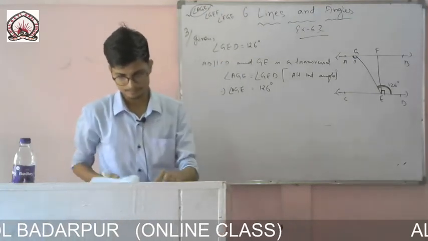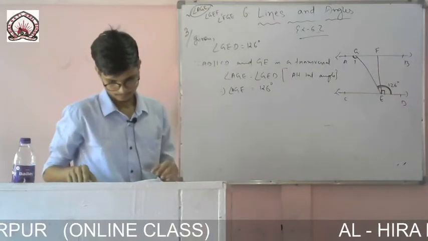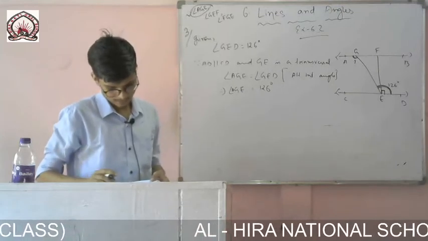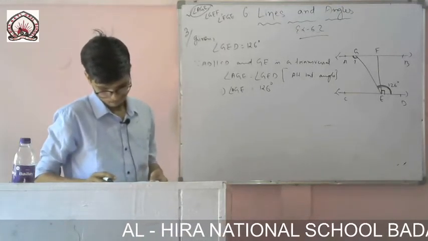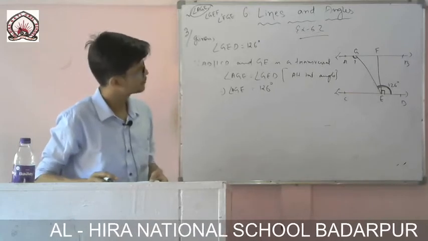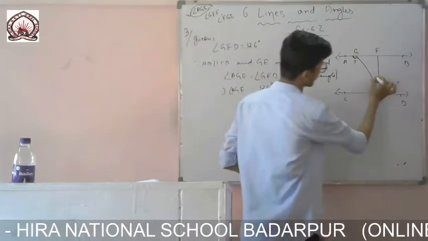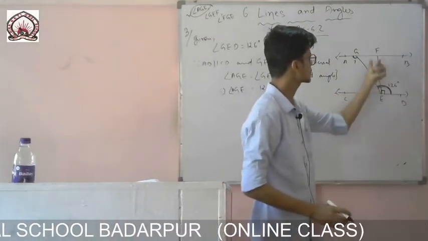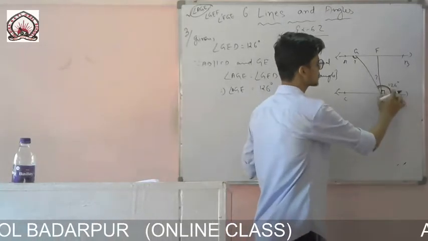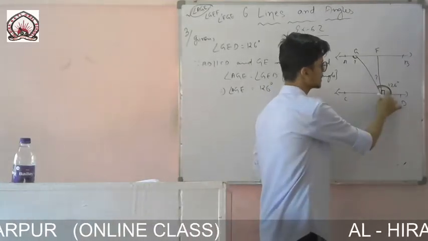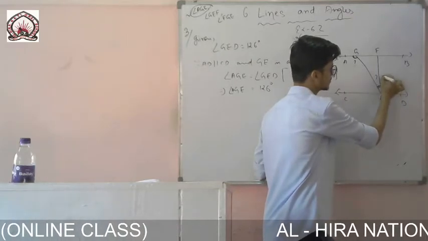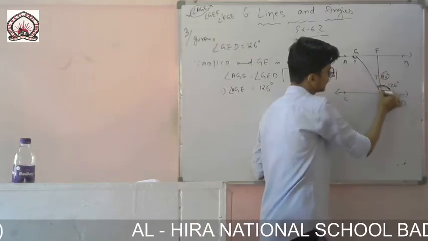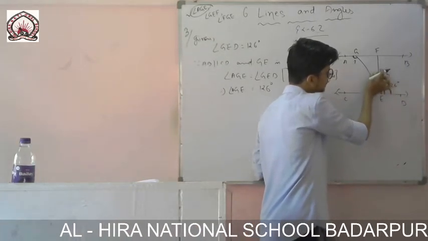Now I need the other. Now I can find GEF, that is this angle. I want to find this small angle, but the measure of this whole angle is given as 126, and this one is given as 90, that means it is perpendicular, so only this part, FED, is 90 degrees, and this part I don't know.